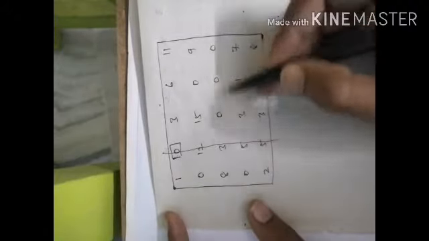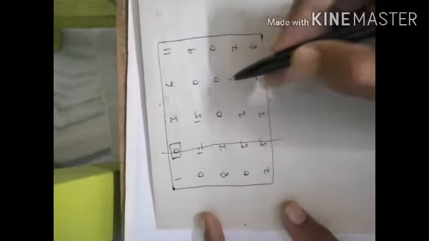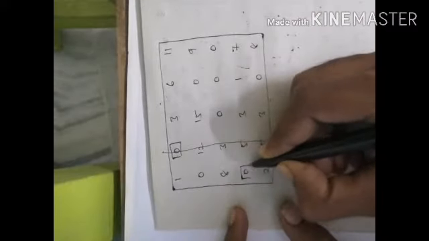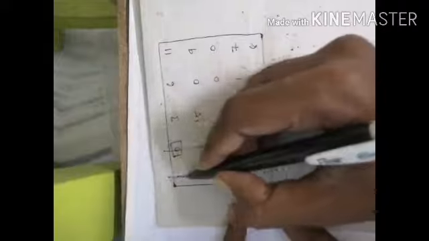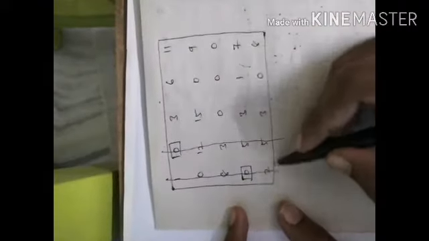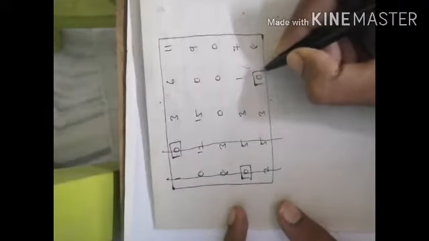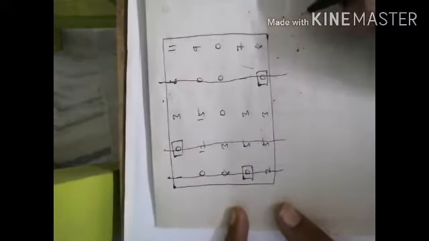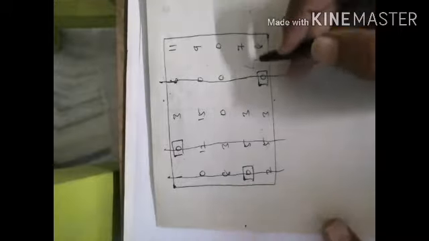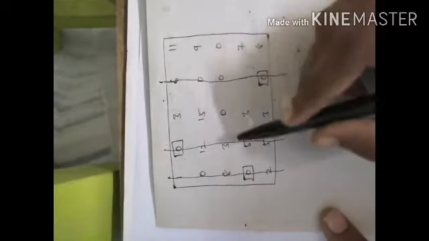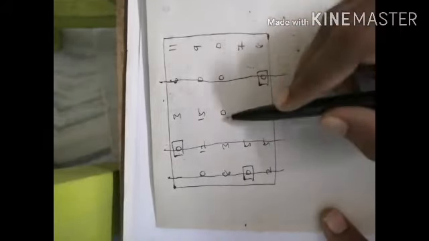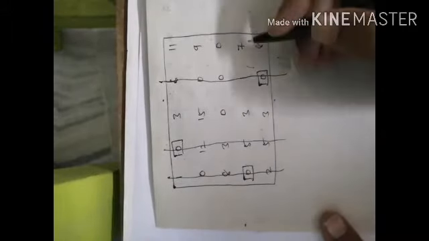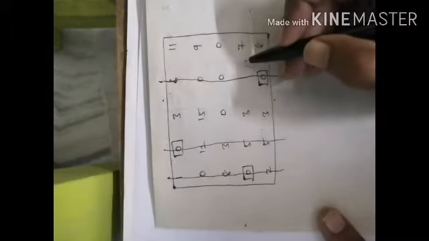The third row contains 3 zeros, so skip it again. The fourth row contains only 1 zero, so put a rectangle around it and cancel it vertically. The fifth row also contains 1 zero, so again cancel it vertically. Now check whether all the zeros are covered with lines or not. Here 2 zeros are not covered with lines, so we need to do the column examination.